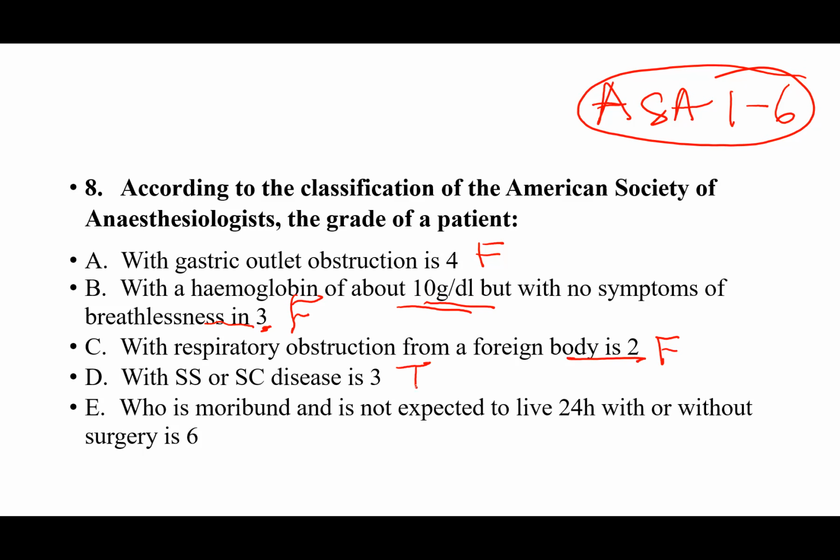But when they now have a complication, it will become a constant threat to life. Now, E, who is moribund and is not expected to live 24 hours with or without operation, is ASA what? It's 5. Excellent. You guys have understood the ASA classification.